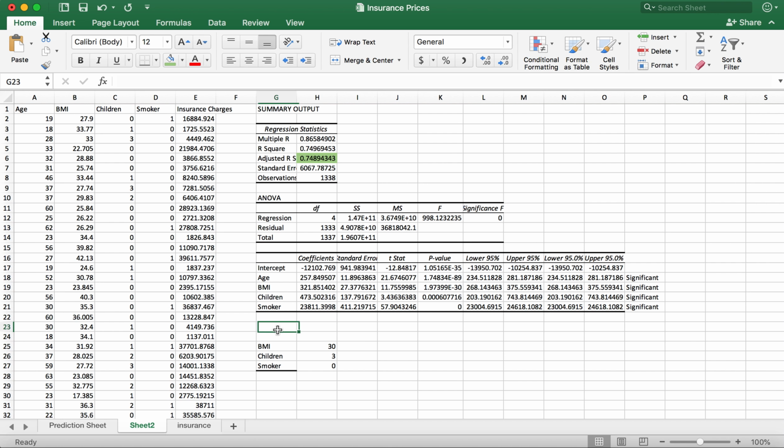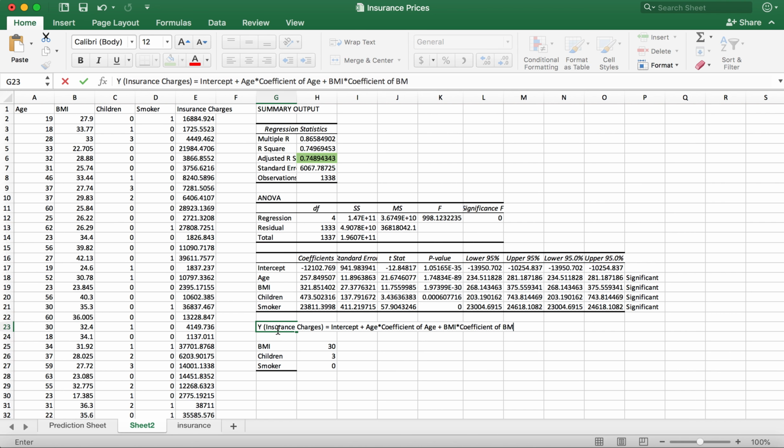right, let's say, once again it's Y, insurance charges. I just made a quick mistake and I have to redo the typing. Intercept plus, once again, age times coefficient of age plus BMI times coefficient of BMI plus smoker, which is yes or no, times coefficient of smoker.